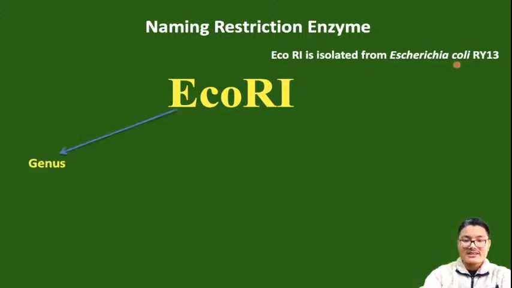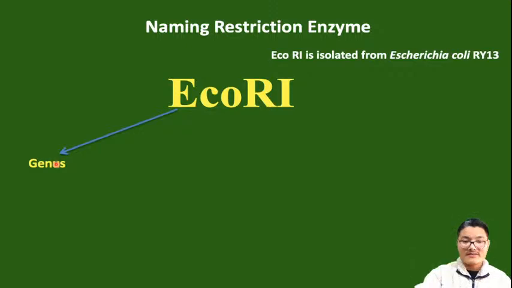So E is the genus name, that is Escherichia, right? Escherichia is the name of the genus of the bacteria. You are knowing what is genus, right? You have studied about taxonomical category, where we are having species, genus, family, order, class, and phylum and kingdom and all, right?